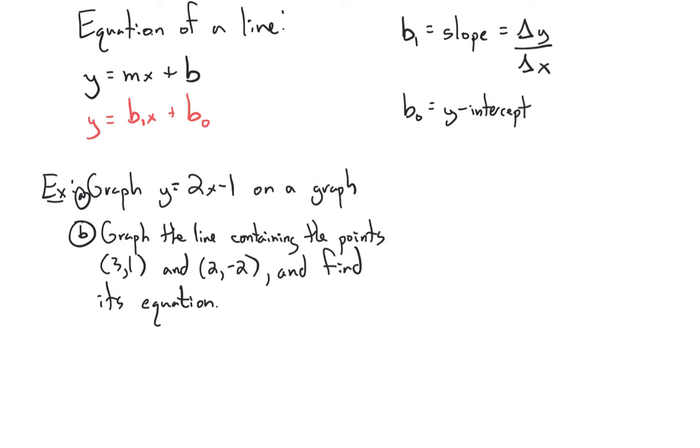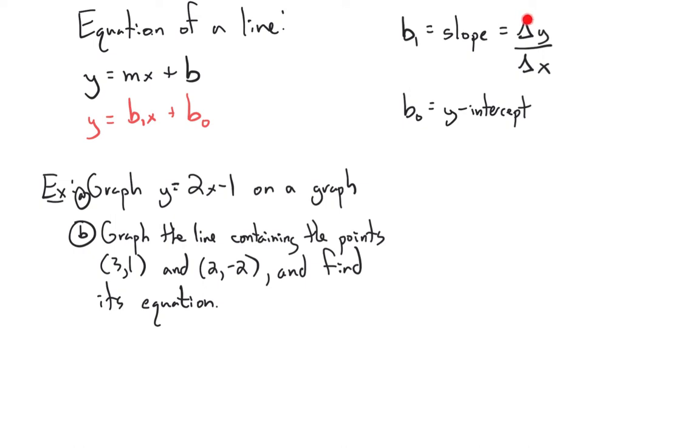And that's because we can generalize this idea in future stats classes where we'll have something more complicated than just a linear term with an x and a constant here. So we're just going to call b1 our slope and b0 our y-intercept.